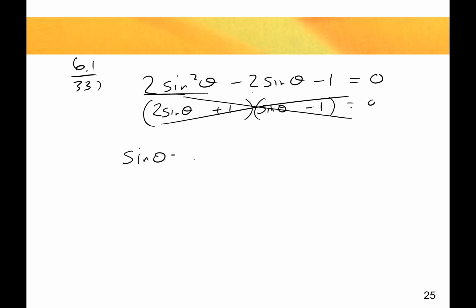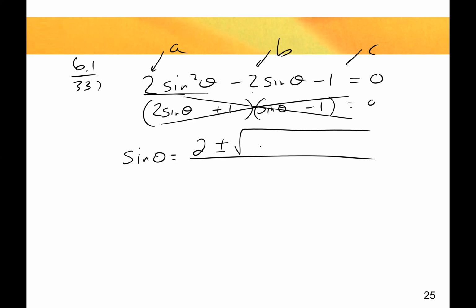And sine theta is equal to, quadratic formula says -b. So this is my A value, B value, C value. So opposite of B, plus or minus the square root of B squared minus 4AC all over 2 times A. All right, this is 8 positive now, 12.